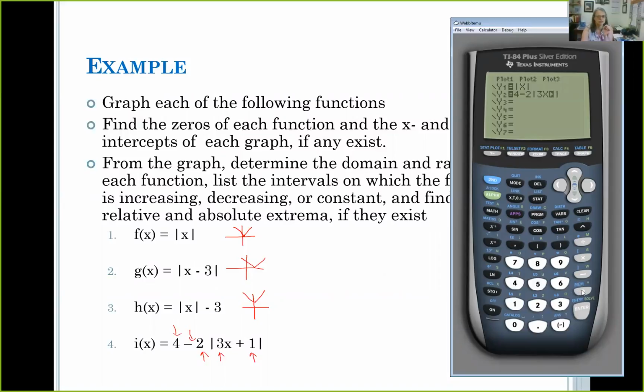Let's see what happens. So there's my standard one. And yep, there's my upside down one.